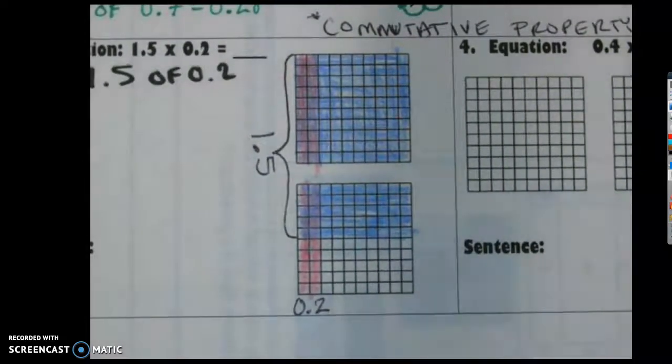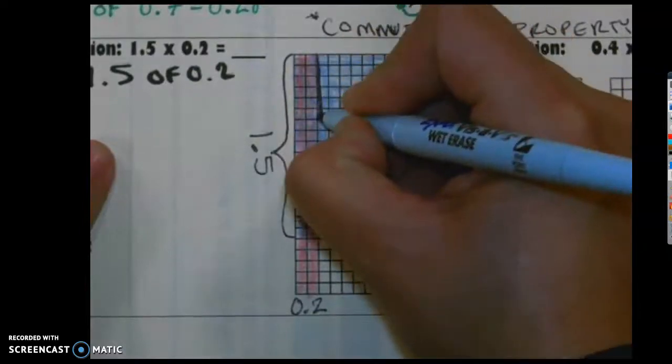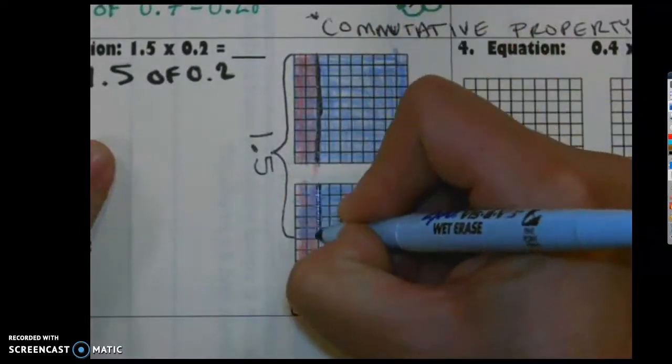I'm trying to find 1 5/10 of 2/10 or 2/10 of 1 5/10. So I can count up and see what I have. I can even outline it if I need to so I can see. It's where, remember, the colors overlap.